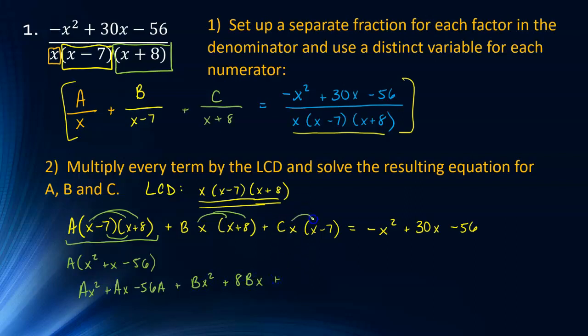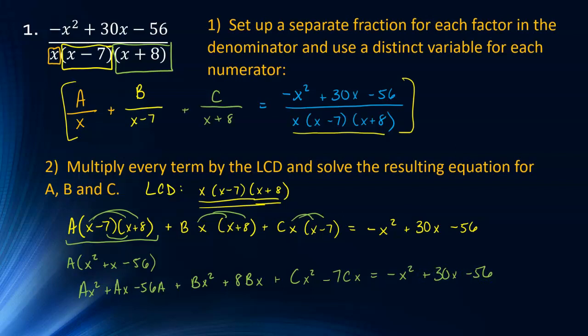Do the same thing with the cx, distribute that through, we would get cx squared minus 7cx. And that's equal to negative x squared plus 30x minus 56.